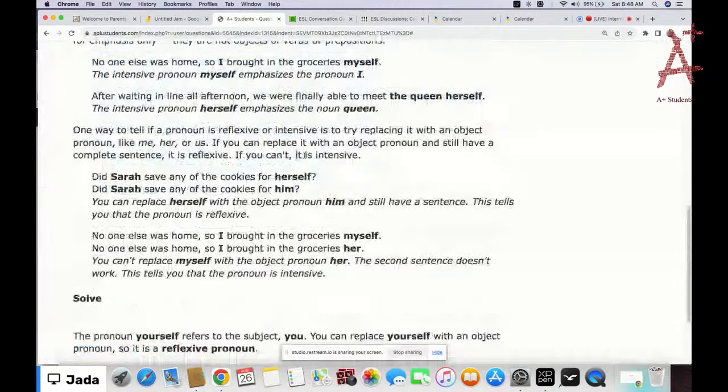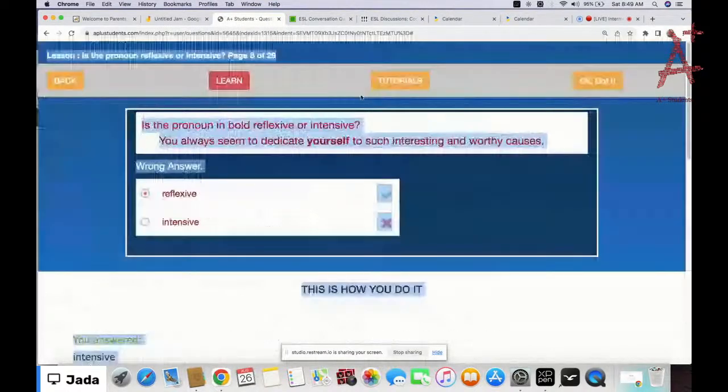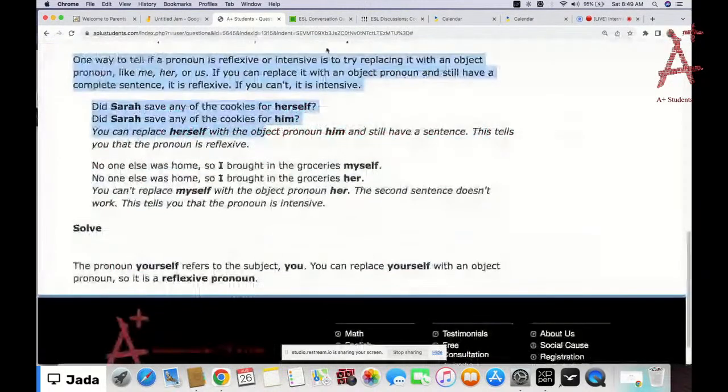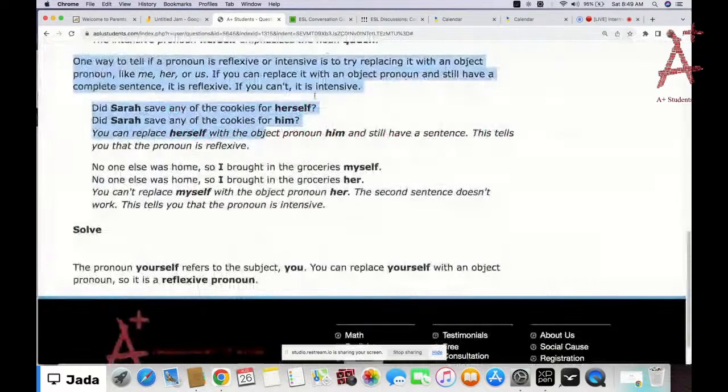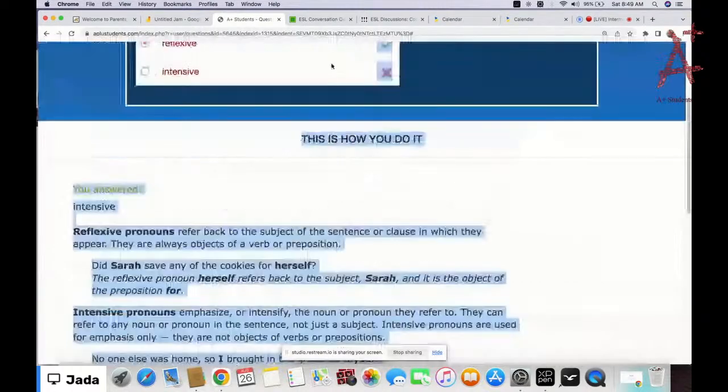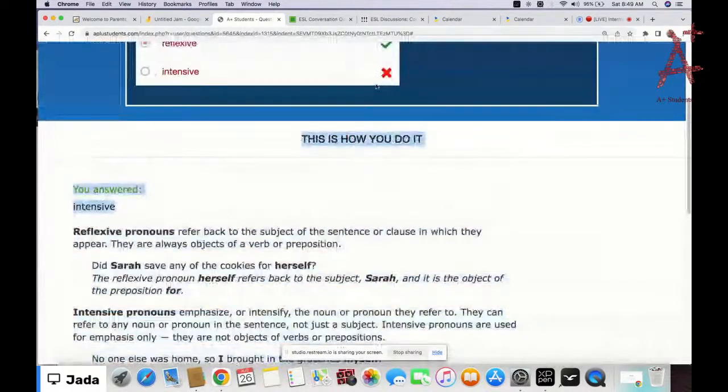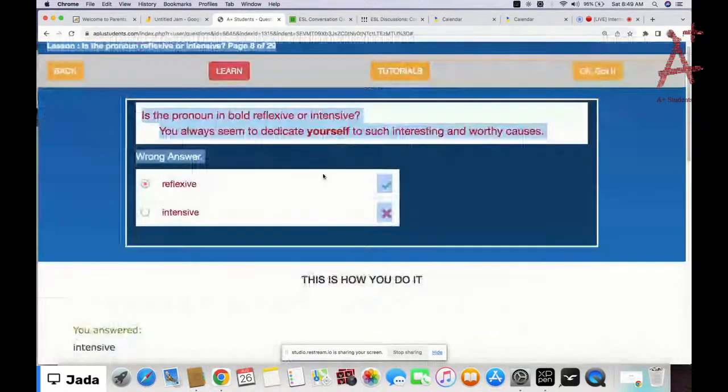Object pronoun. So it could be you always seem to dedicate me, or dedicate her, or ours. Okay, so you always seem to dedicate themselves, or ourselves.